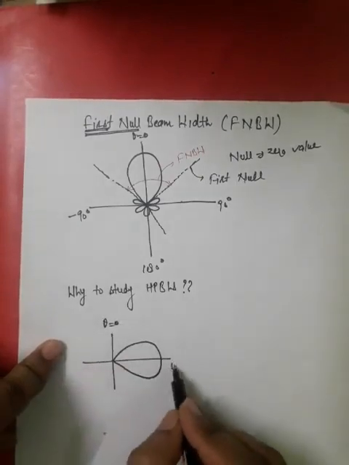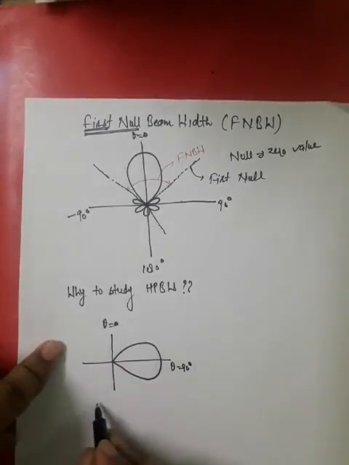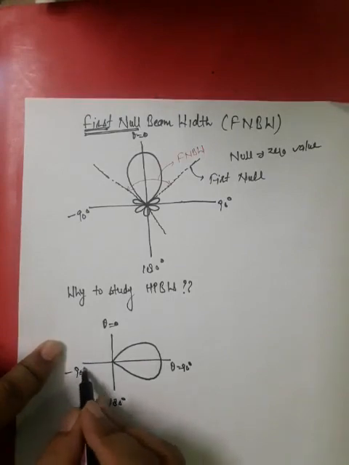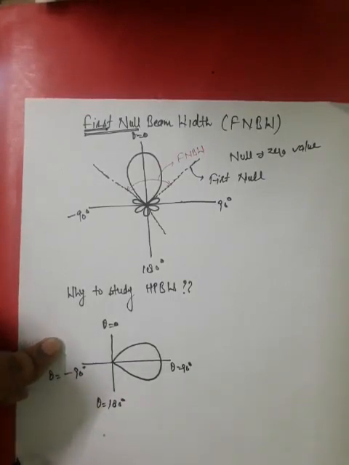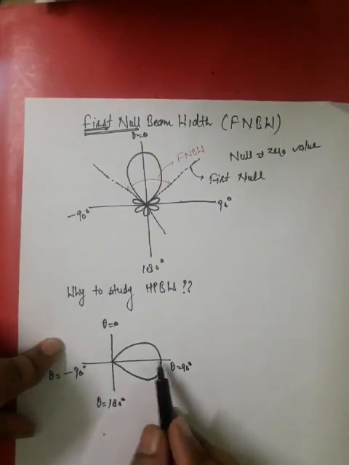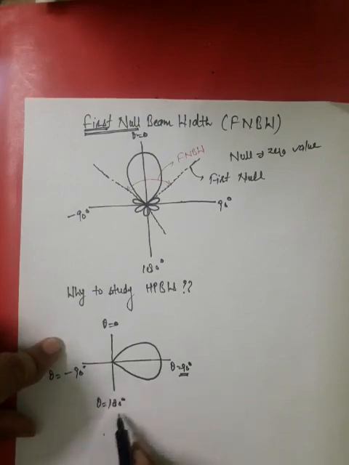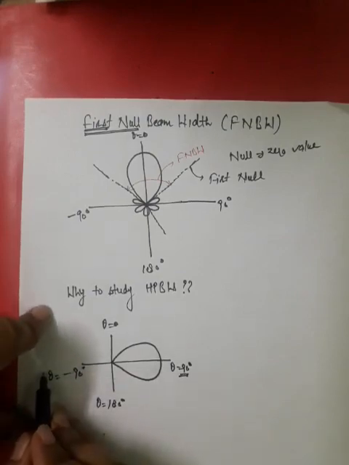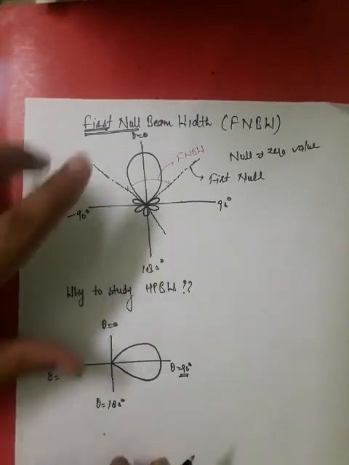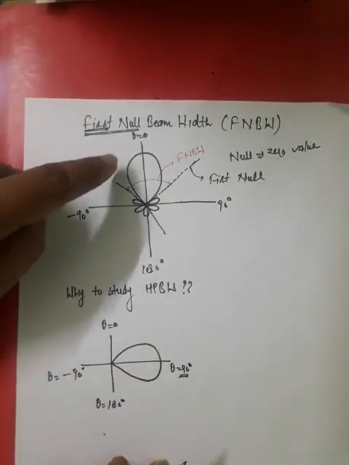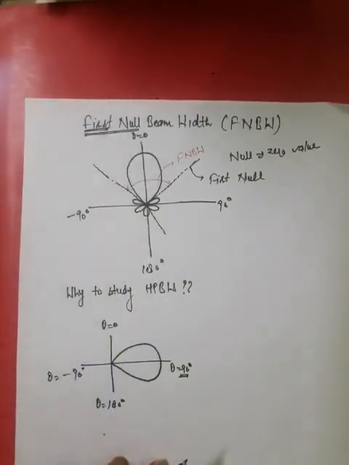Theta equal to 0, theta equal to 90 degree, theta equal to 180 degree, this is theta equal to minus 90 degree. Your maximum can be at theta equal to 90 degree, even at 180 degree, or at minus 90 degree. It is not always that your maximum is at theta equal to 0 degree.